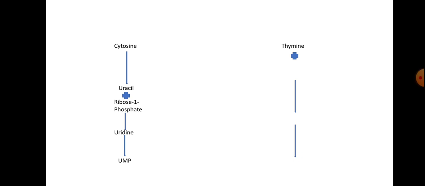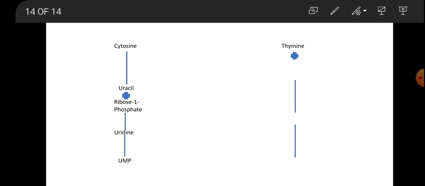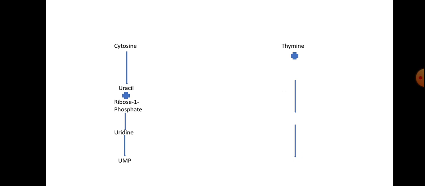Uracil reacts with ribose 1 phosphate and under uridine phosphorylase forms uridine, and by nucleoside kinase forms UMP. Now thymine is also left over by any DNA degradation, or you don't need it for DNA formation anymore. So thymine will react with deoxyribose 1 phosphate. Under the enzyme thymidine phosphorylase, it forms thymidine, and thymidine then forms dTMP.